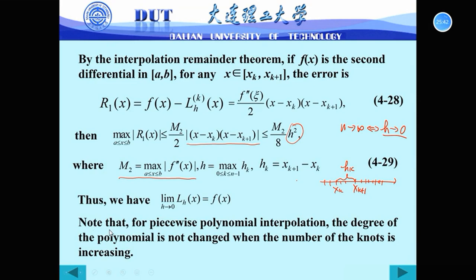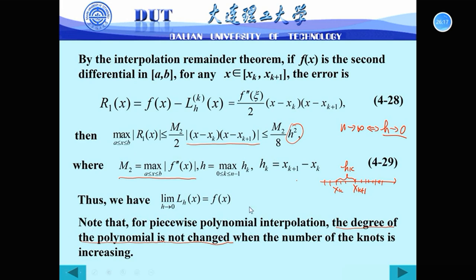Okay, so at last, note that for piecewise polynomial interpolation, the degree of the polynomial is not changed. This is the key, okay? We don't increase the degree of the polynomial when the number of nodes is increasing. So that is why we can have the convergence. Actually, it is very popular in practice to use the piecewise lower degree interpolation method.